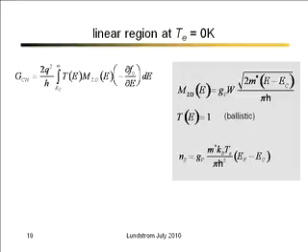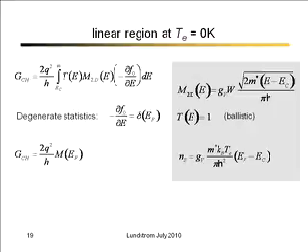Before I do that, I'll just point out, instead of assuming Maxwell-Boltzmann statistics, I could have assumed Fermi-Dirac statistics. If I had, I could have assumed that this derivative, which Professor Dada discussed, is very sharply peaked around the Fermi energy, and that it's just a delta function at the Fermi energy. Then the integral is really easy to do.